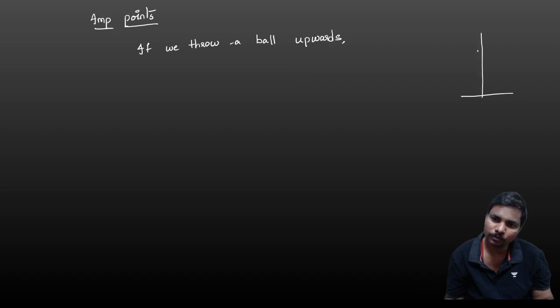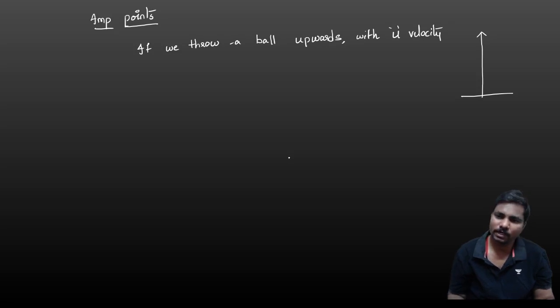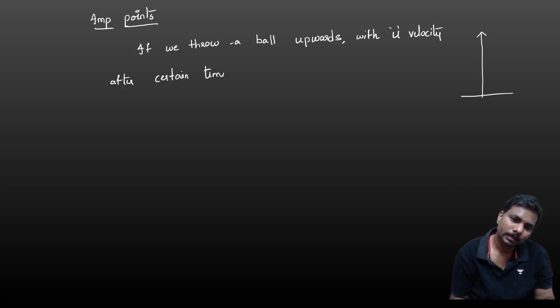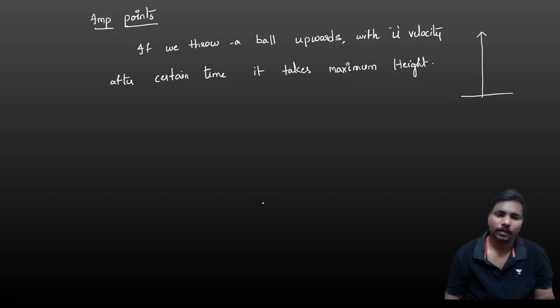If a body is thrown vertically upwards with u as the initial velocity, after a certain time it reaches the maximum height.